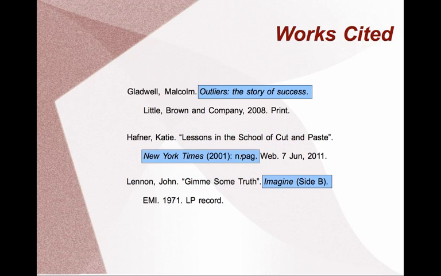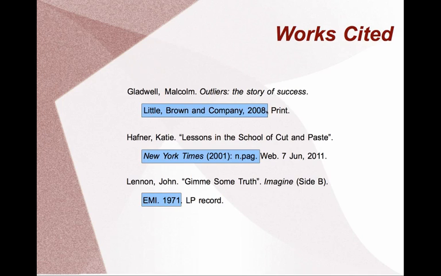And now you need to say sort of where it exists. So with this one, it's its own book, so we don't have to specify beyond that. Here it's on the New York Times, and on the bottom here, this is from an album, and I've said which side it's on. The next is the publisher.